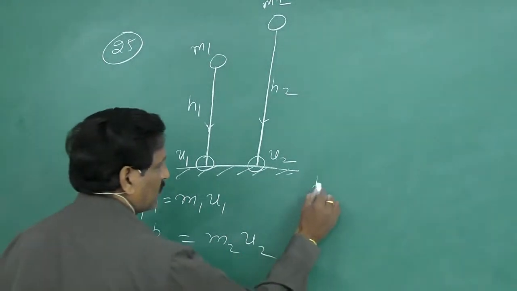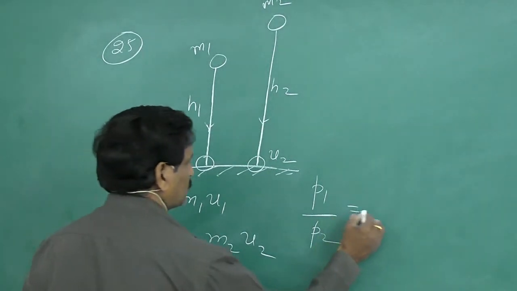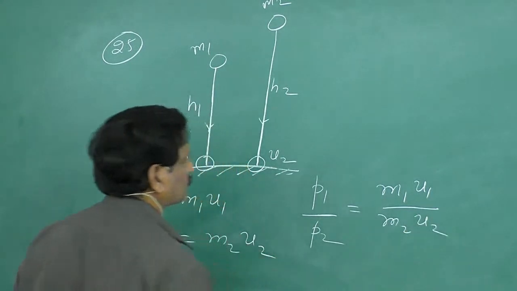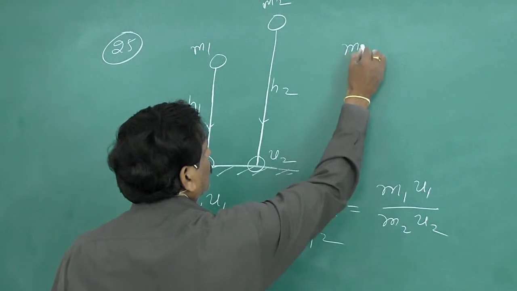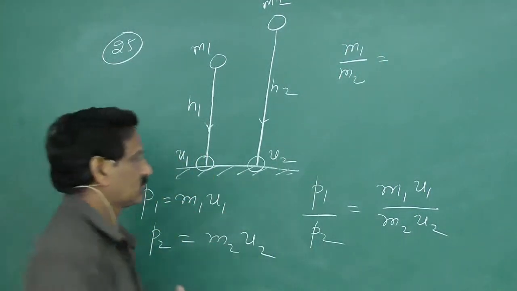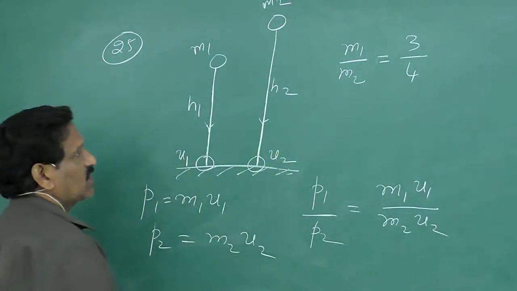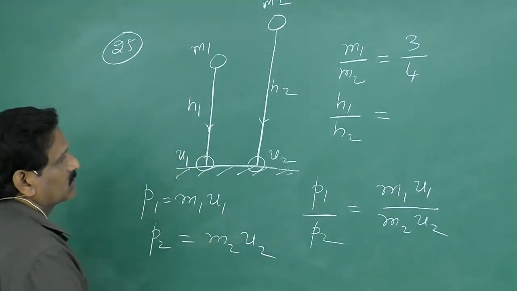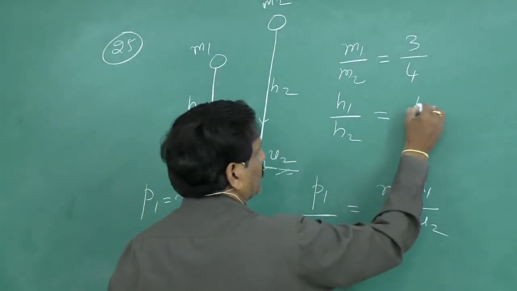Then we have to calculate p1 by p2, the ratio of momenta. So this is equal to m1 u1 by m2 u2. Here the mass ratio m1 by m2 is given as 3:4, so 3 by 4. And the heights from which they are dropped, h1 by h2, is given as 4:9, that is 4 by 9.